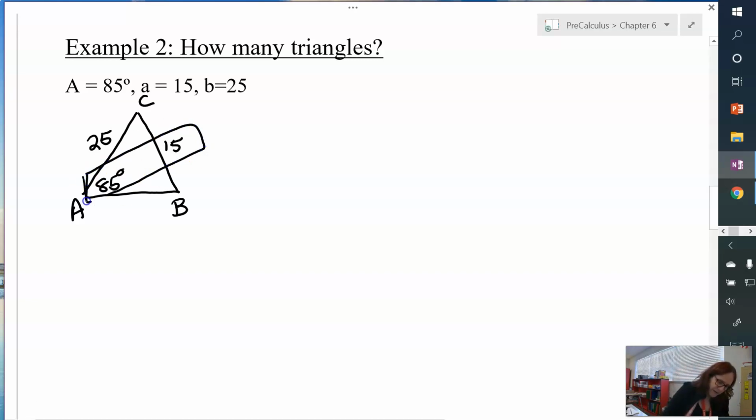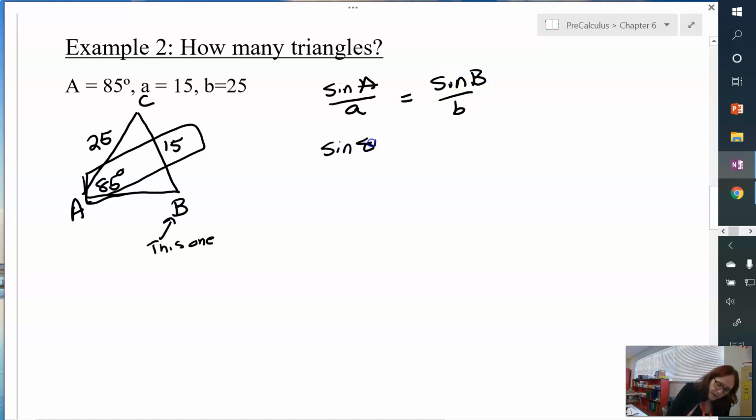Here is the pair that I have, and angle B is the angle opposite the given side, so this is the one I want. So I'm going to do sine of A over little a equals sine of B over little b. Plug in what you know. Sine of 85 over 15 equals sine of B over 25.